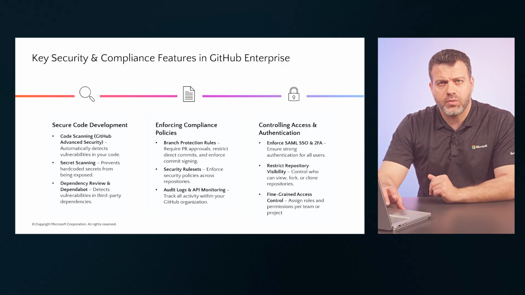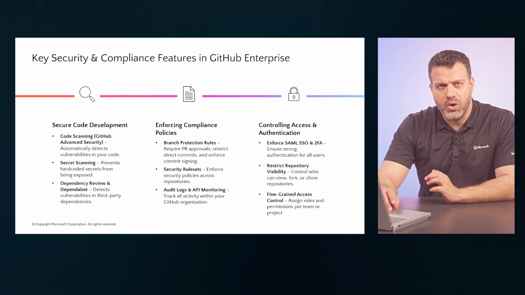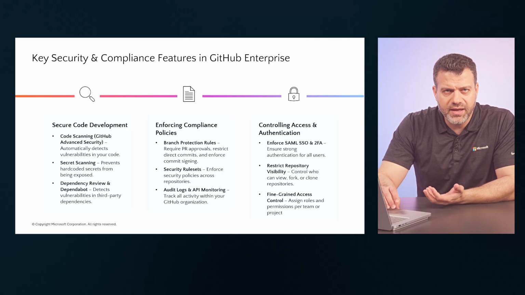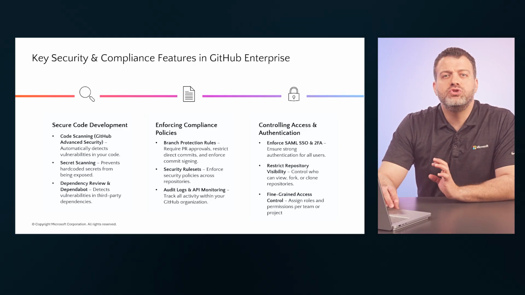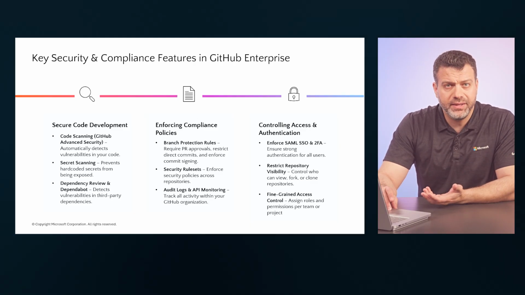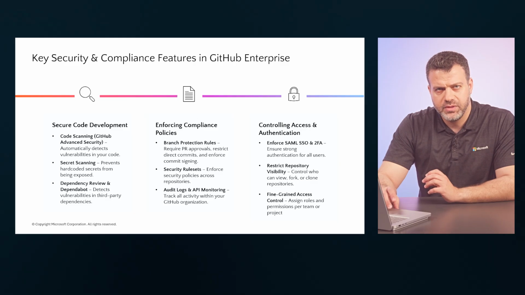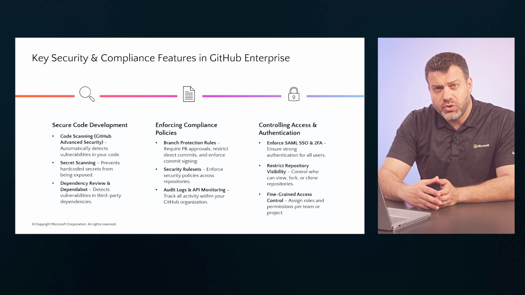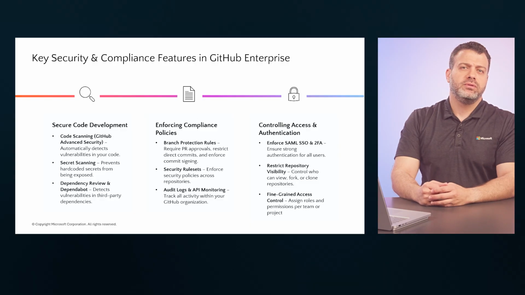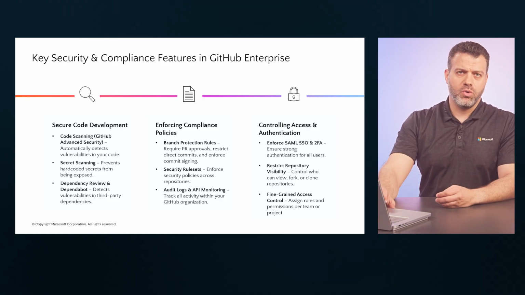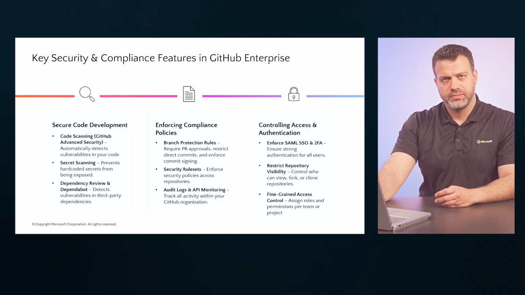You make sure only the right people can access and modify your code. And finally, track everything. Audit logs give you visibility into what happens across your organization. Together, these features create a layered security model, protecting your code, your workflow, and your access points.